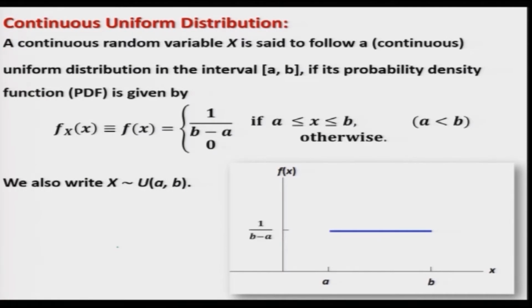Now we take our first probability density function defined for a continuous random variable, and we start our discussion on the continuous uniform distribution. The first question that comes up, as soon as I name a new probability density function, is where it is applicable, or under what conditions we can use it.